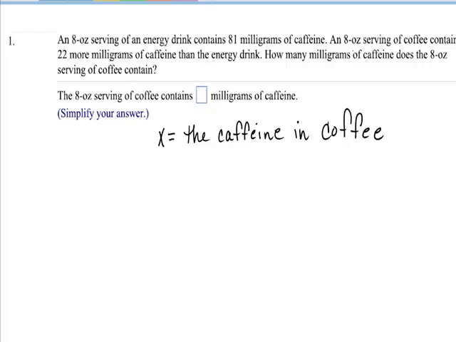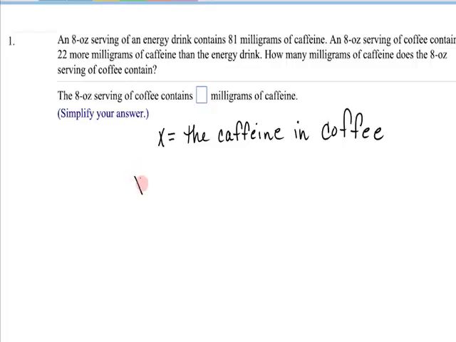Now let's go back. It says the 8-ounce energy drink contains 81 milligrams of caffeine. The coffee, that's what I'm looking for. The coffee contains, has, is equal to 22 more milligrams of caffeine than the energy drink.